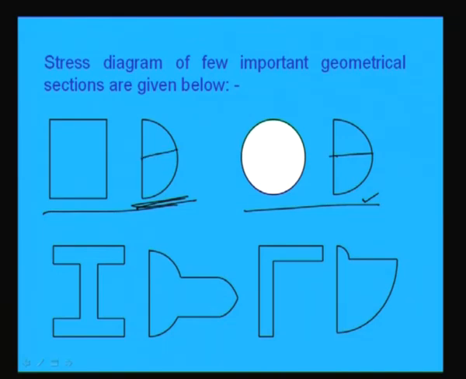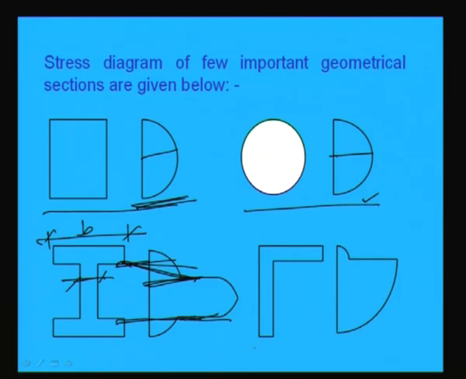Also, in the last class we saw the sudden increase in the magnitude of the shear stress at this level, as the width of the section is decreasing at the web. The magnitude of shear stress increases because it is VQ by IB, which is inversely proportional to the width of the section.